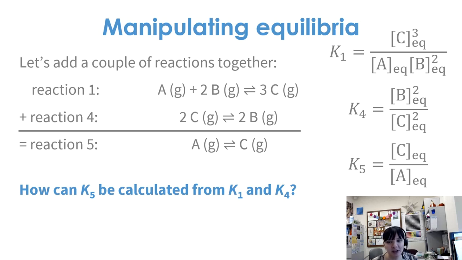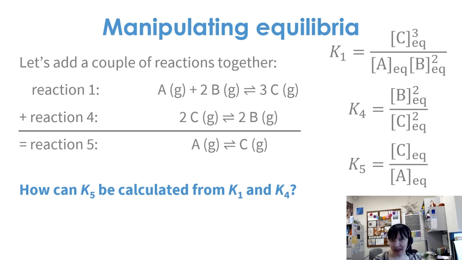What kind of calculation would I do with those given K constants for our given reactions to make our new K constant for this new reaction? So go ahead and ponder this for a minute. Look at the expressions for K1 and K4 and see how you could use them to match with K5. What kinds of calculations would need to be done there?